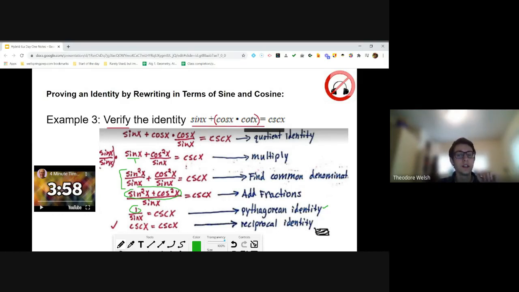It might mean you need to look at your identities a little bit, see if there's some things you can substitute, but it could mean starting over might be the best bet. So whether that means looking at the other side instead or trying a different method from the same side you just started with. Starting over is not a sign of defeat. It's okay if you need to retry, rethink some things, try a different process. There's nothing wrong with that.